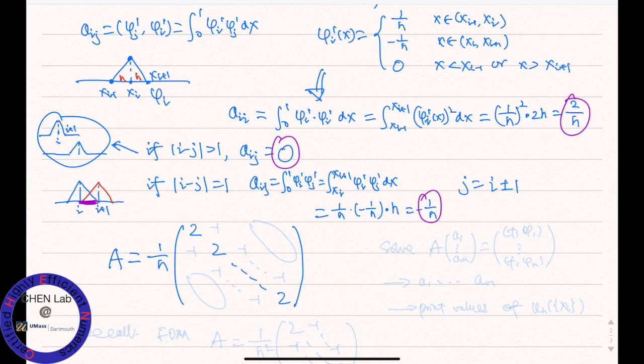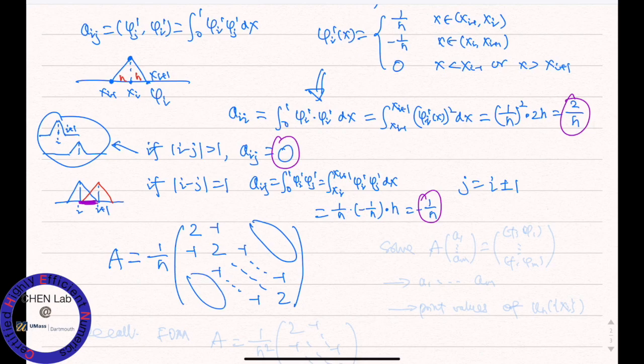When the difference between i and j is 1, meaning i plus 1, so it's 1 2 or 2 1, 2 3 or 3 2, at those places it's negative 1, negative 1, negative 1, and so on. All the rest is 0. By now you can probably recognize this matrix.